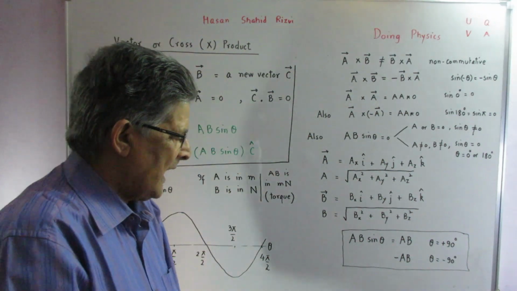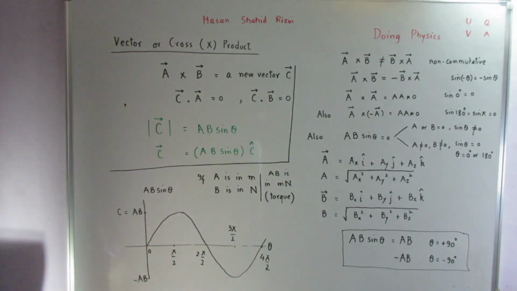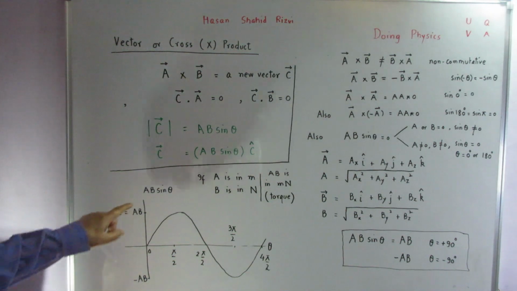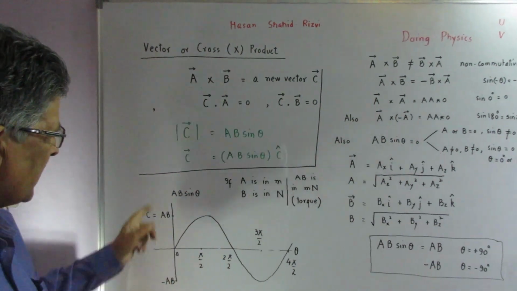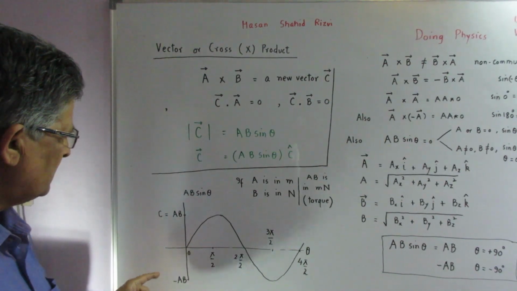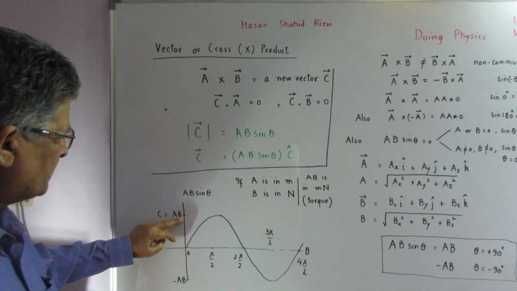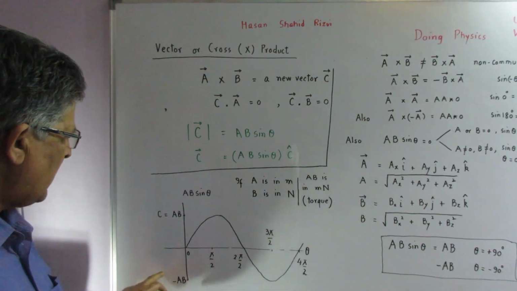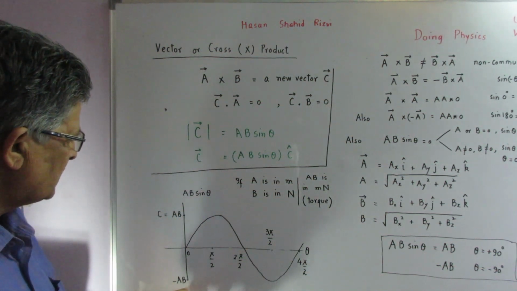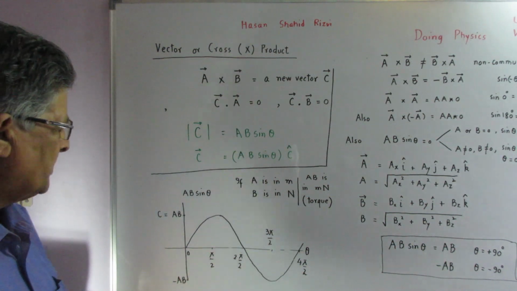Now, allow me to plot this AB sine theta as a function of theta. I've just shown the optimum values: when sine theta is equal to 1, then C is equal to AB, and when sine theta is equal to minus 1, then C is equal to minus AB.